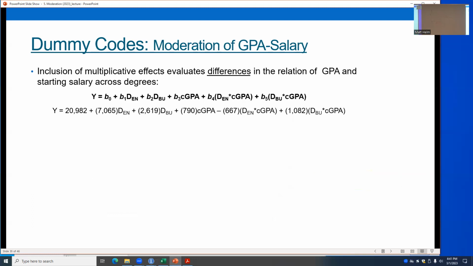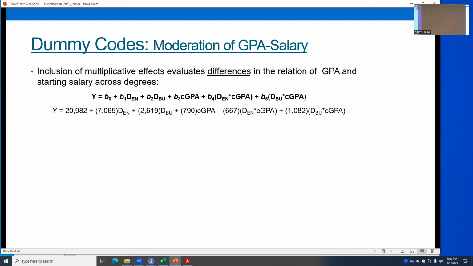So what we can do now is put together a model, Haley, that gets at this interactive effect. If I include interactive effects, I've got the multiplicative effects looking at differences in the relation of GPA across different starting salaries.